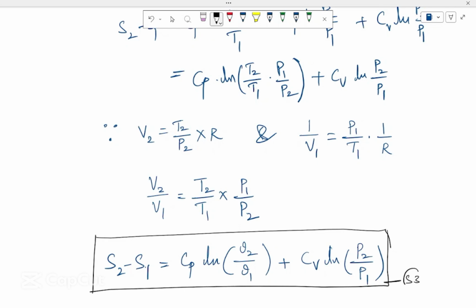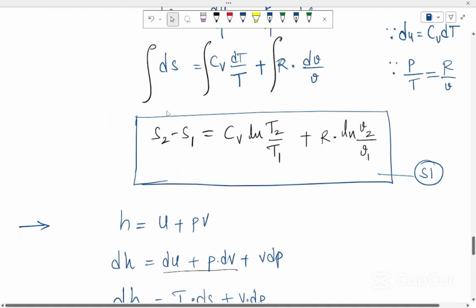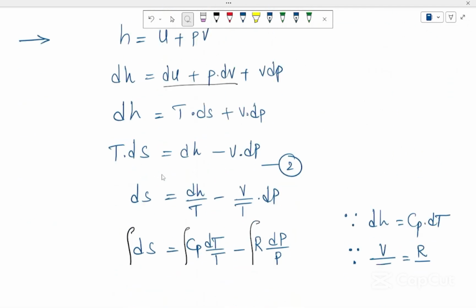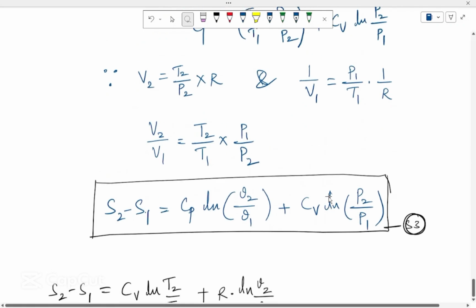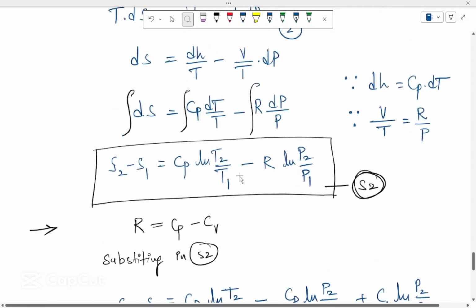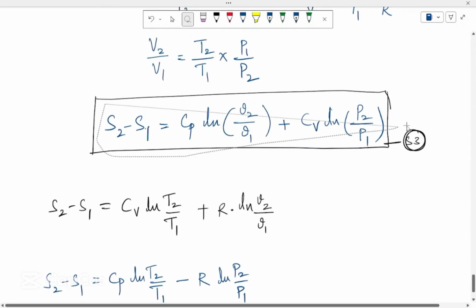So in total, you got three expressions which you should remember here. The first one is your S1 equation. Let me copy this and put it here. This is my S1 expression. And now let me also copy my S2 expression. This is my S2 expression. And then I also have my S3 expression.